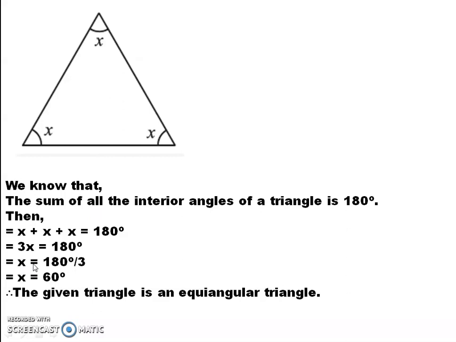So x is equal to 180 by 3. x is equal to 60 degrees. So the given triangle is an equiangular triangle. Equiangular means all the three angles are equal. So here this is 60, this is 60 and this is 60.